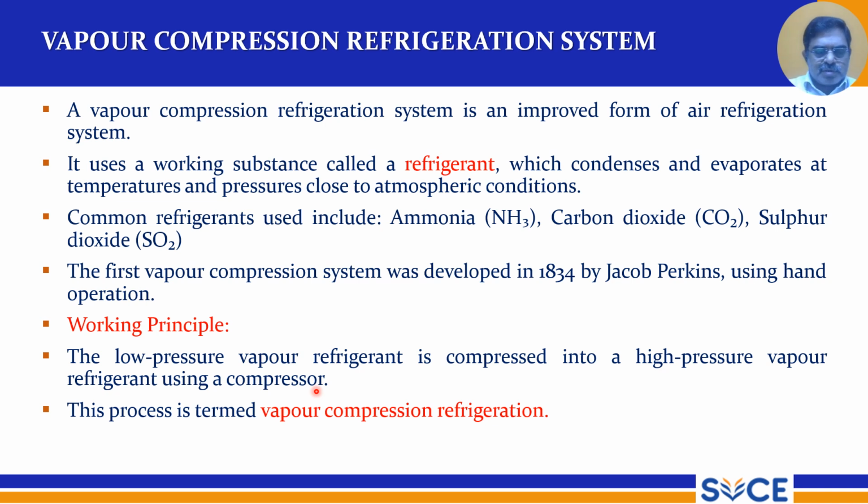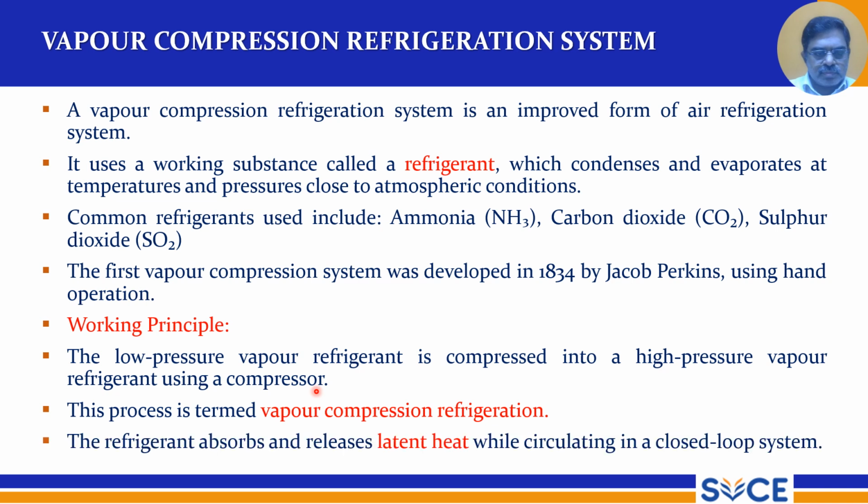This process is termed vapor compression refrigeration system. The refrigerant absorbs and releases latent heat while circulating in a closed loop system. So this is the working principle of the vapor compression system. Latent heat is nothing but the heat energy within the substance that may be either absorbed or released from the substance. That is known as latent heat.